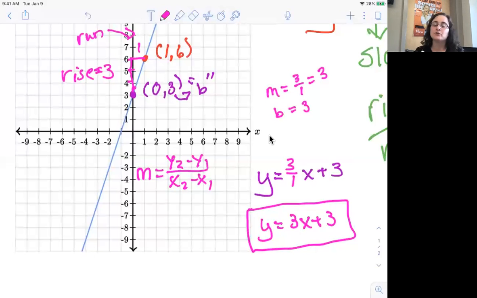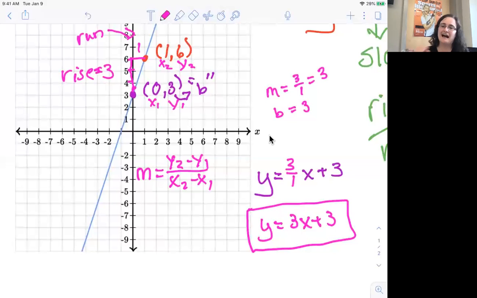It does not matter which point you make x1, y1, x2, y2, as long as you're consistent. So perhaps in this example, I want to make the y-intercept, because that was the first point we labeled, x1 and y1. And then the point 1, 6 that I chose as x2 and y2.